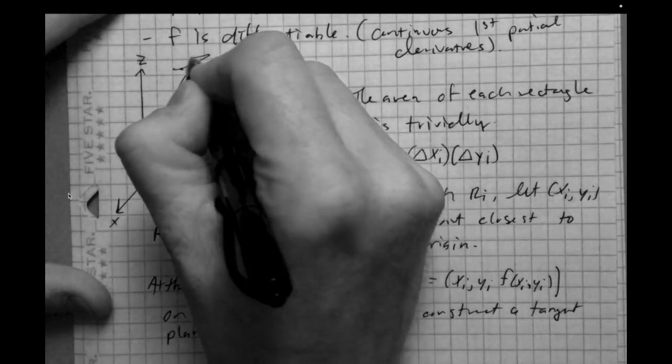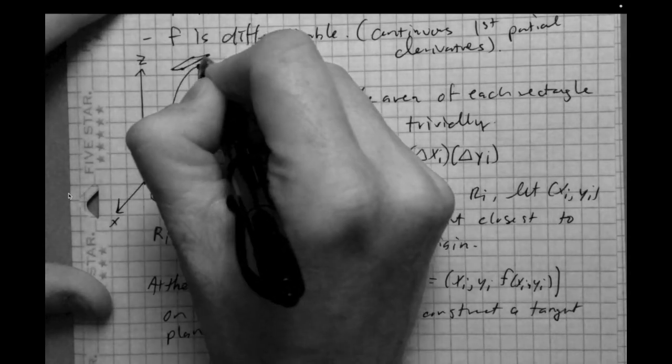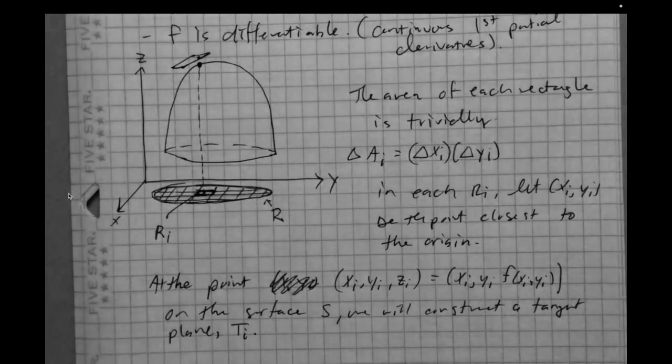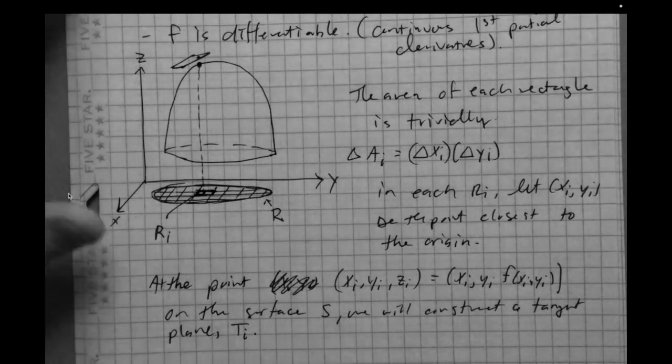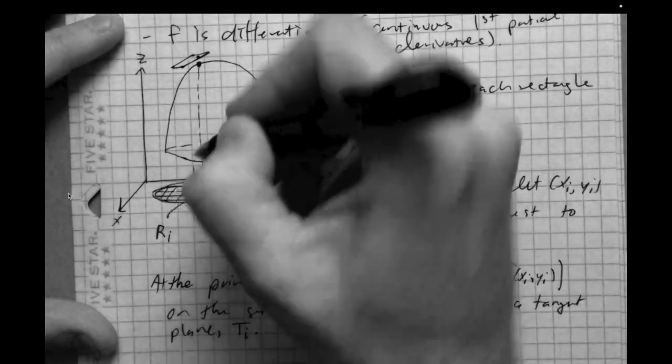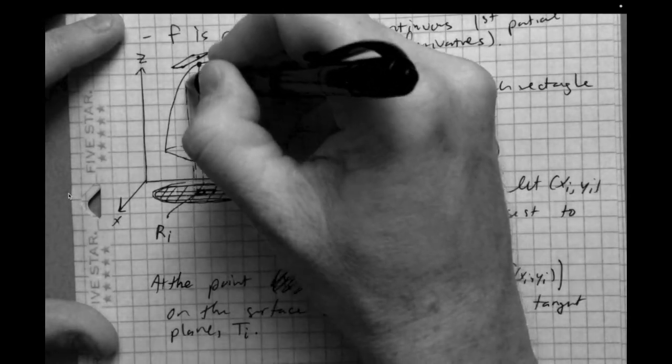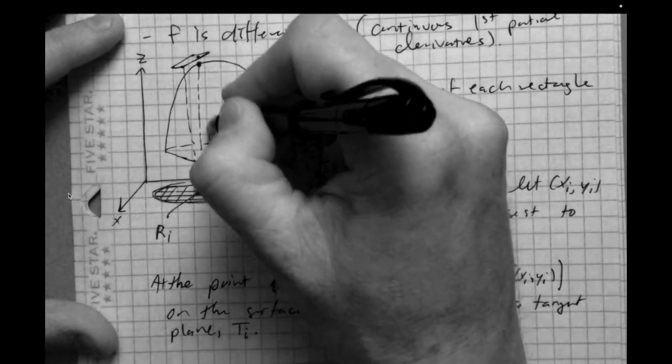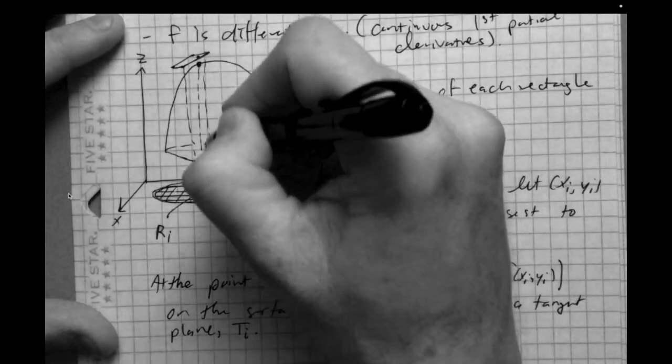It becomes challenging drawing these things, but maybe it looks like that. Now here's the tricky part of this idea. The way I've drawn it isn't perfect, but what you would imagine here is that the tangent plane can be restricted to the area that's directly above the region.